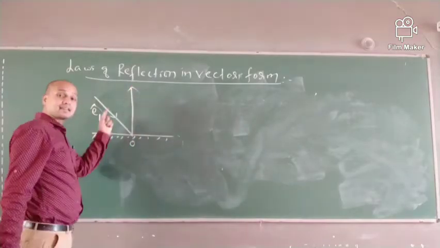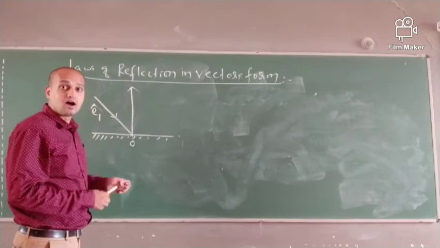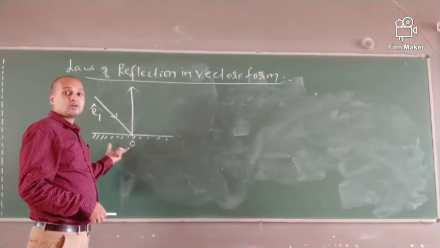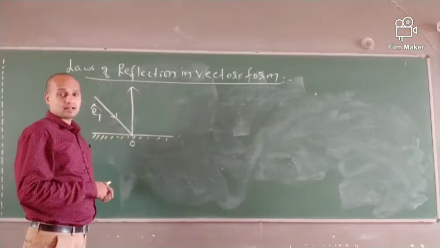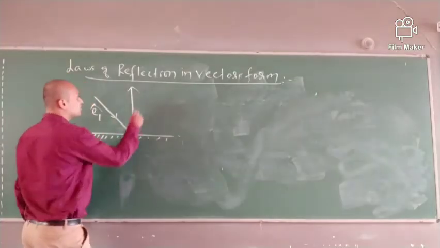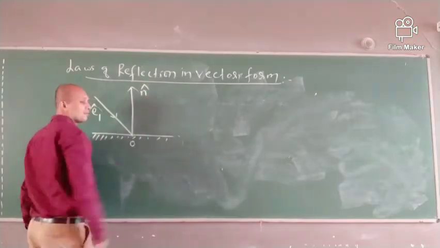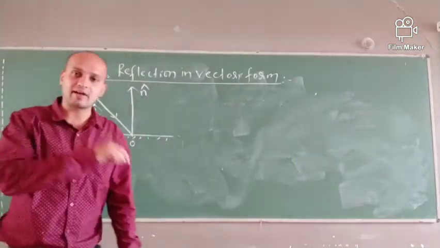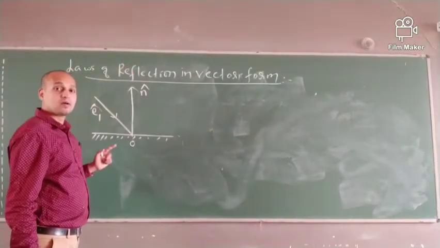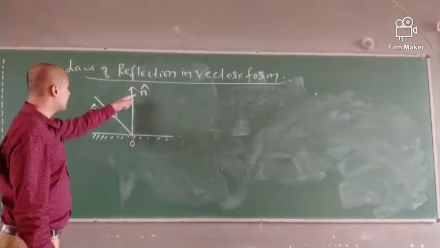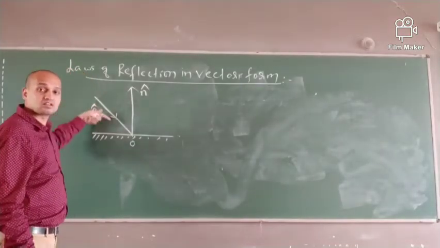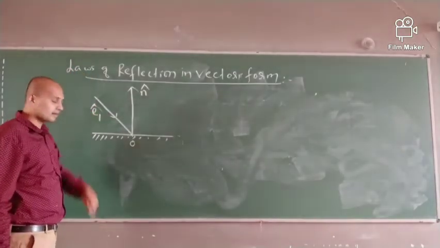Let us take the direction which is perpendicular to the mirror as n cap. N cap is the unit vector acting along the direction perpendicular to the mirror. E1 cap is the unit vector along the direction of incidence.